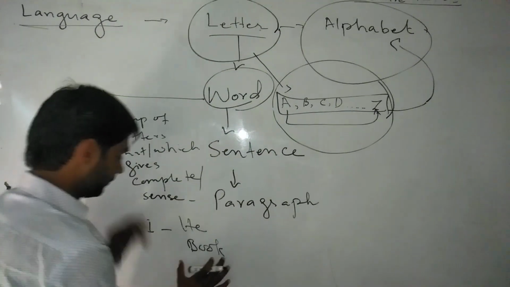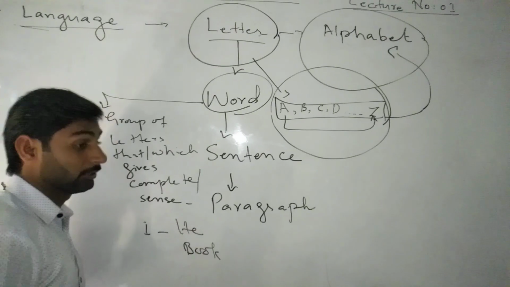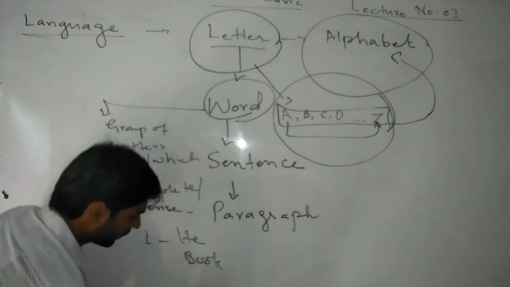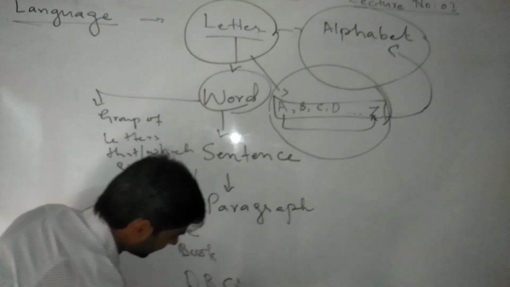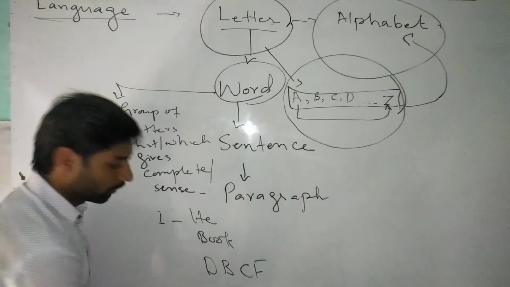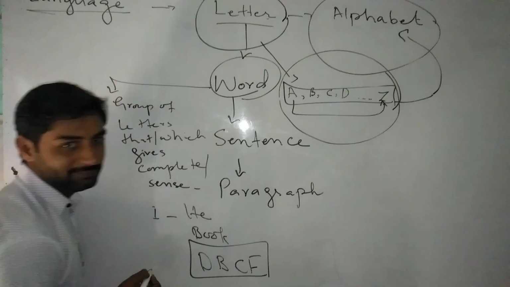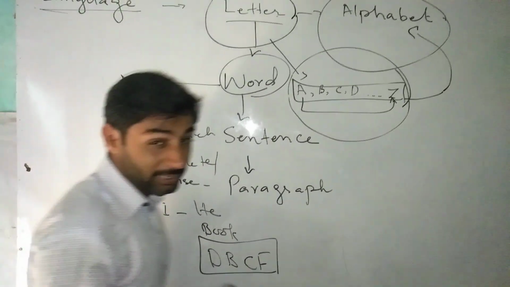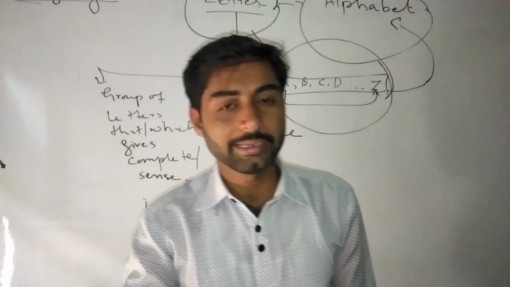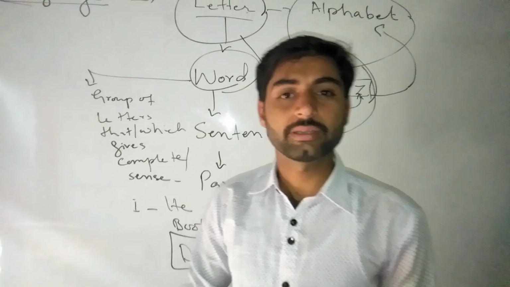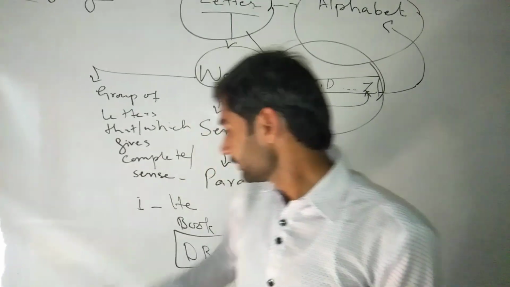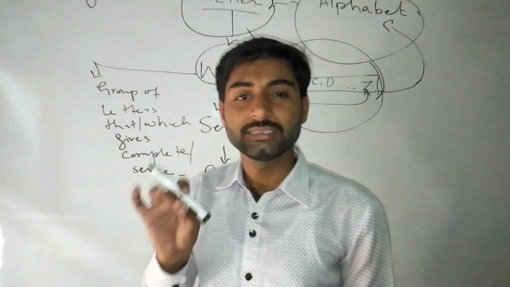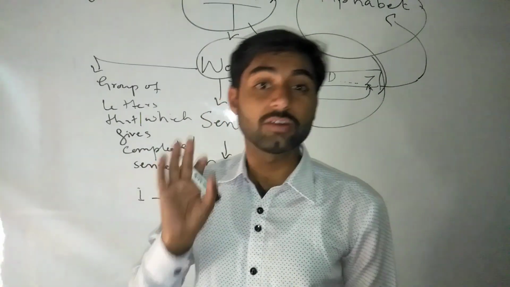Like there are many words, like chair. If I write D, B, C, F, though this is a set of letters as well, we won't call it a word because this group of letters doesn't give us complete meaning or sense.